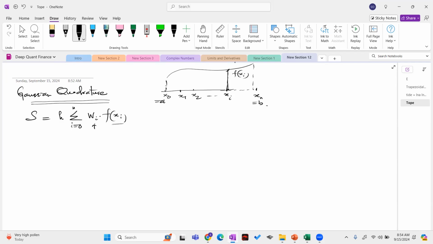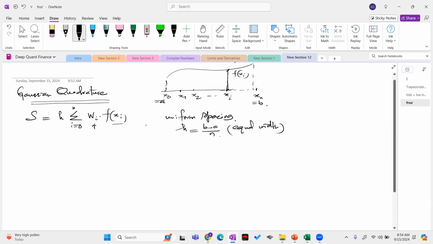Until now, we've been dealing with uniform spacing. We had a fixed spacing, h equal to b minus a by n, equal subintervals, equal width, you can say. That was our assumption till now.